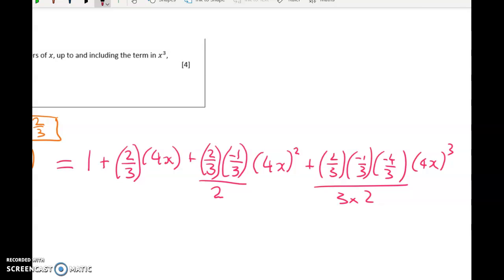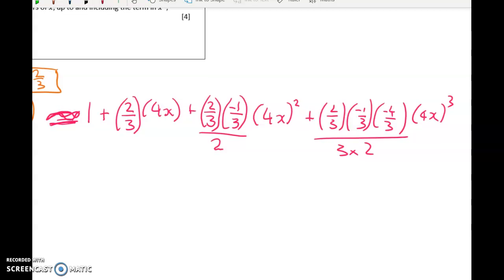And now we just have to clean it up. It's roughly equal to that because I've got a whole bunch of terms off the end that I've ignored, right? So this equals 1 plus 8/3 x, and go really carefully here. We're going to have minus 2 over 18 times 16x squared, plus, what have we got here?